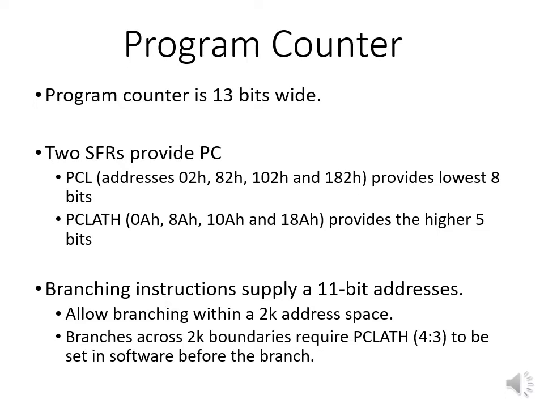If branches go across a 2K boundary, there is a need to set bits 12 and 13 of the program counter in software. So in other words, before we perform a branch instruction, we need to set bits 12 and 13 in software so as to indicate the 2K address space that we intend to branch to. This corresponds to setting bits 4 and 3 in the special function register PCLATH.